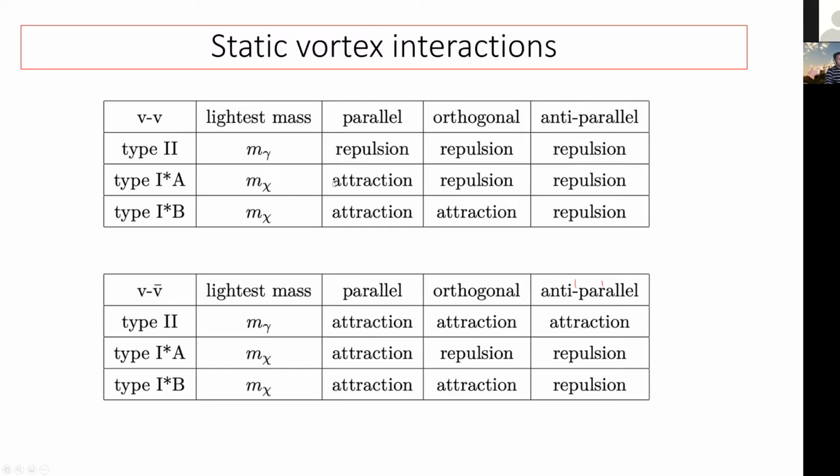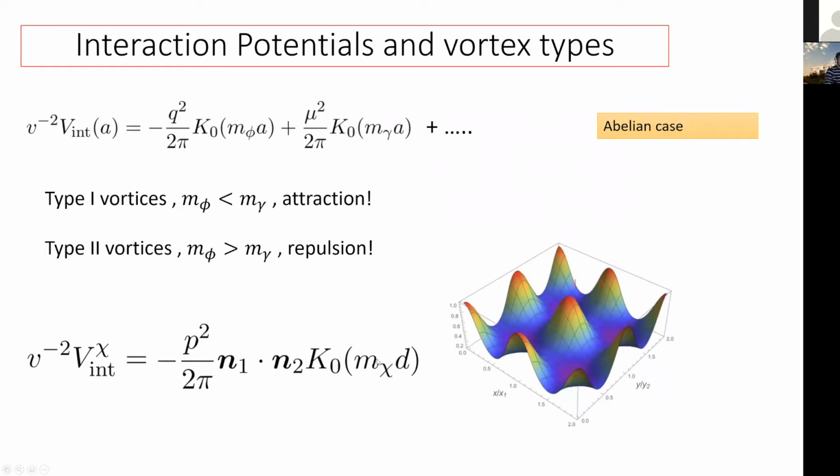In the case that the lightest mass is the gamma mass, so we're type 2, then for parallels I expect repulsion, for orthogonals I expect some repulsion, because in that case it's just dominated by the abelian case, and for the antiparallels I expect some repulsion, etc. So this is basically just a table of which one is the lightest between m chi, m phi, and m gamma. That one will dominate the far field expansion.